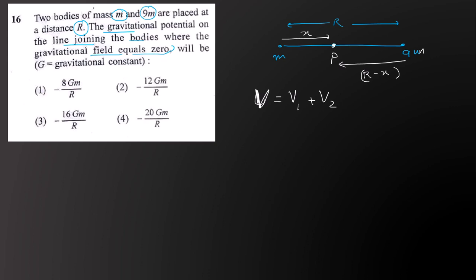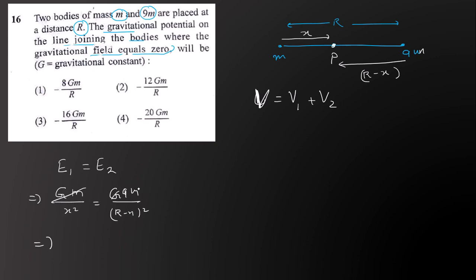How? The condition mentioned in the question is that the gravitational field at point P is 0. If at P the gravitational field is 0, then the gravitational field due to m1 should be equal to the gravitational field due to m2. So I will write G m divided by x square, equal to G 9m divided by (r minus x) square.